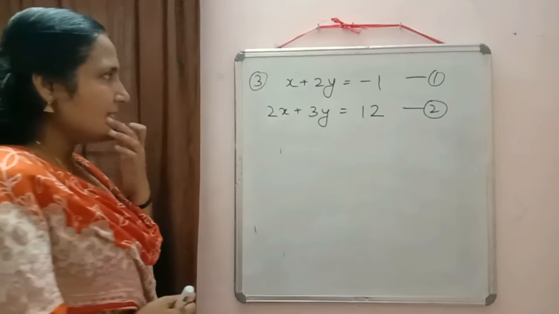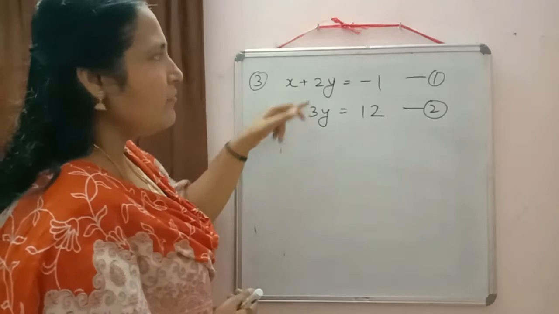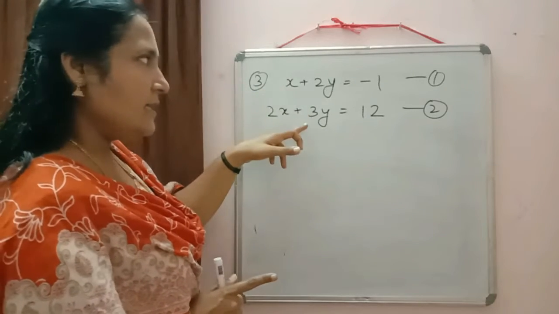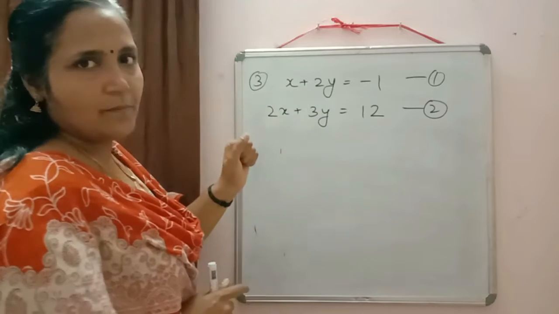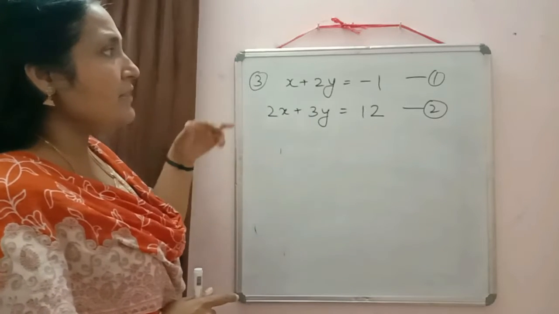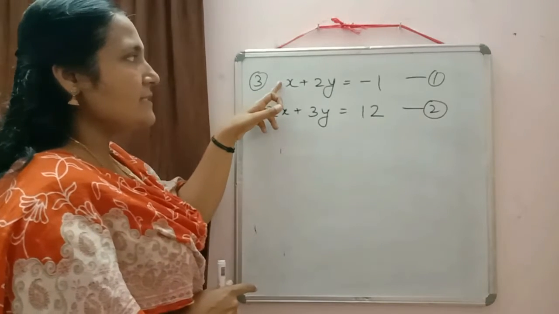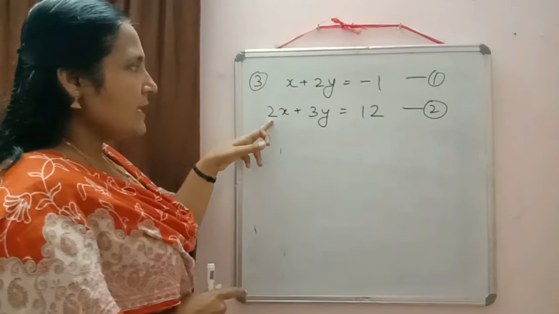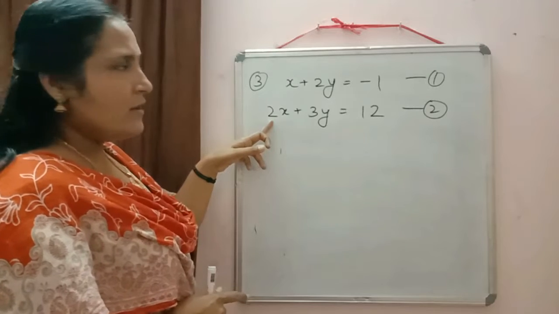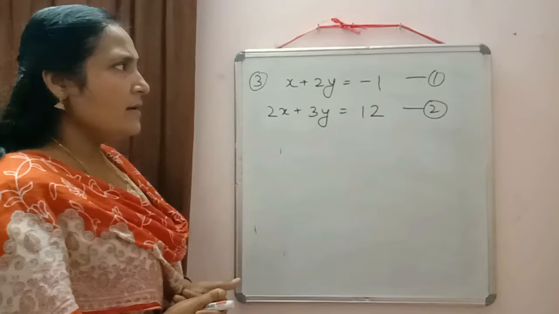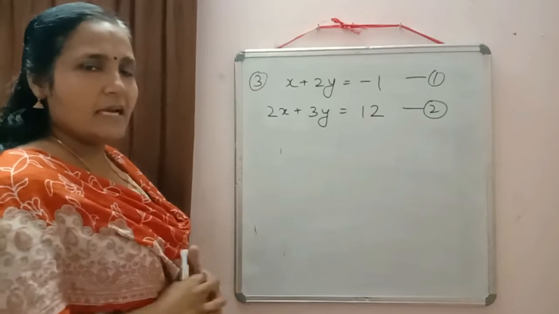Now here you can check if we have to eliminate the variable y, I have to multiply equation 1 by 3 and equation 2 by 2. But if I have to eliminate the variable x there, in first equation coefficient of x is equal to 1 and in second equation it is 2 only. So to make them equal, LCM of 1 and 2 will come 2 only. So we just have to do the multiplication one time only.